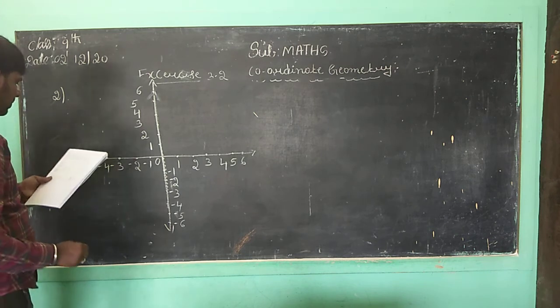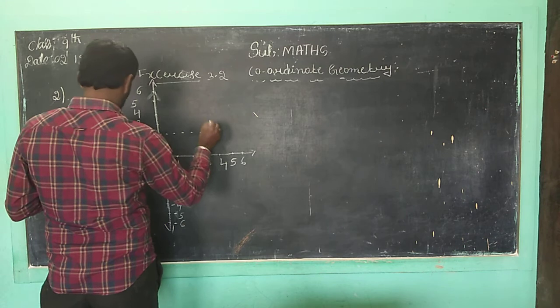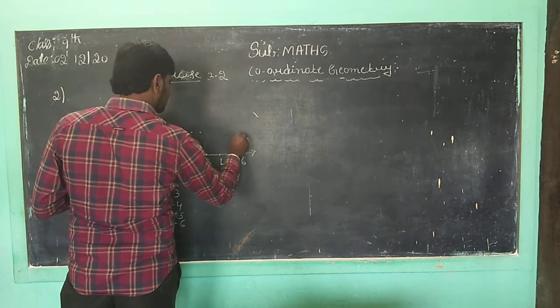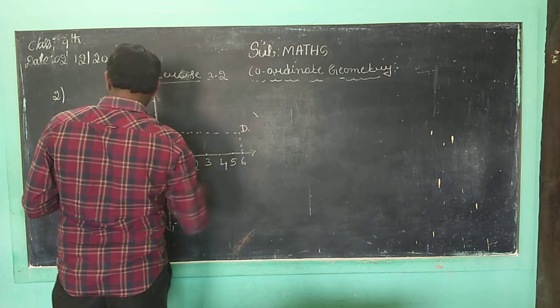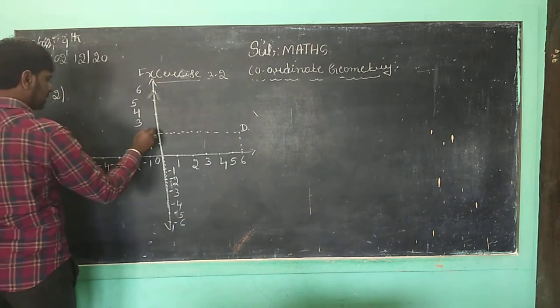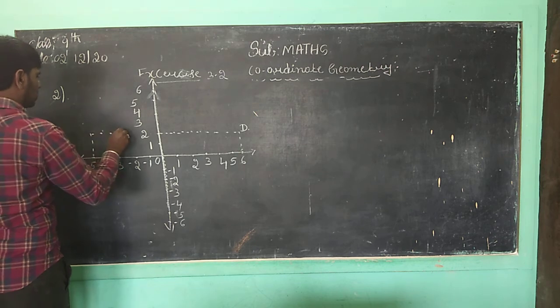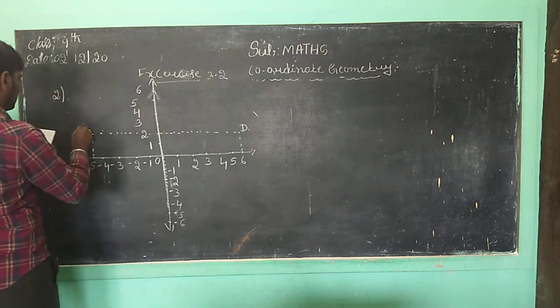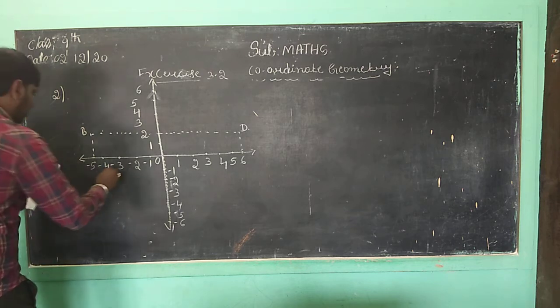Okay, children. Now you want to represent here. What we can call this is D. Correct, children? Next, you want to represent this one also. This is B. Now you want to represent here also.